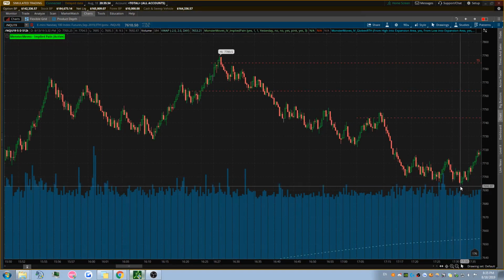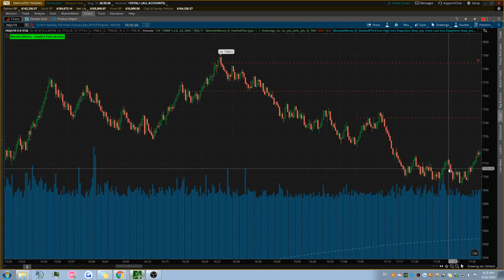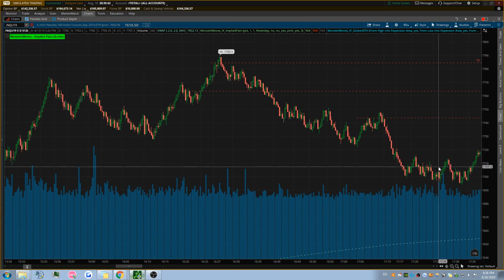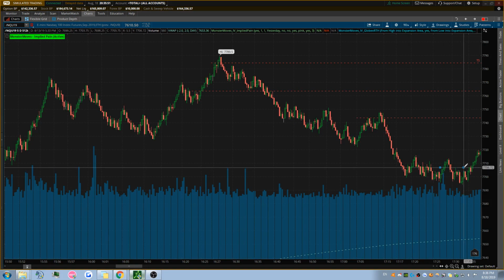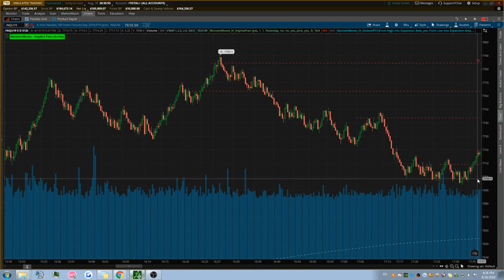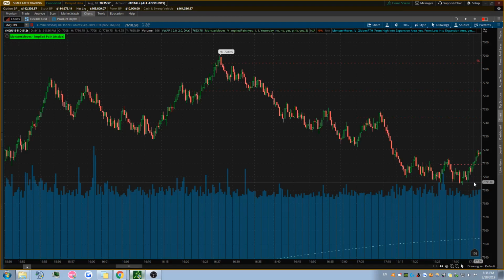Gained the high that made the low. So now you can long what you just gained, which should be either here or here. So I'd like to enter a long right there with a stop below here.